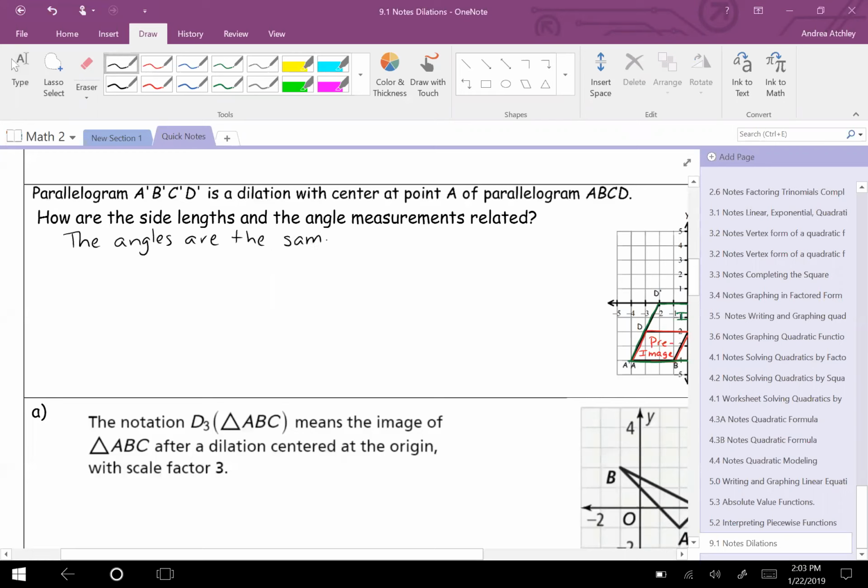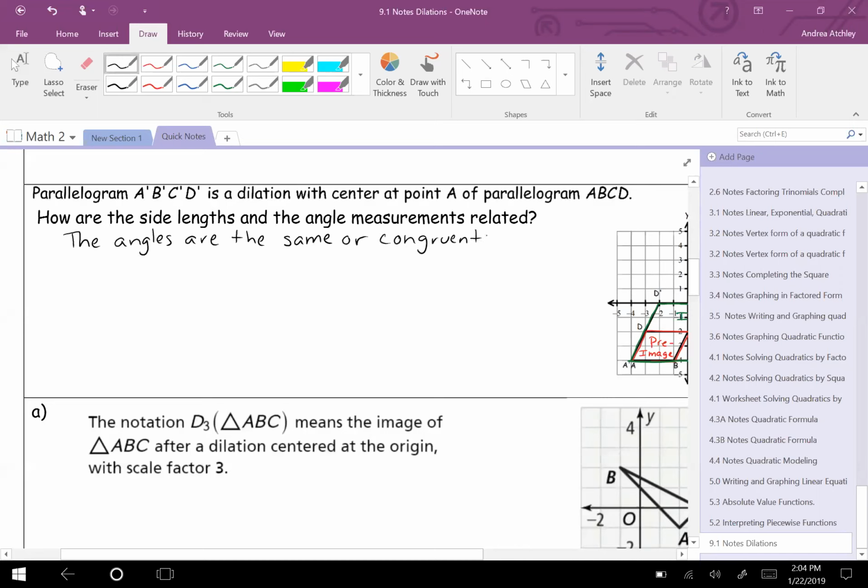Do we remember what the word is when we call something the same or equal in geometry? Not similar. Similar means they're kind of alike, but not exactly alike. Not equivalent. Who said it? Congruent. Yes. Angles are the same, or congruent.